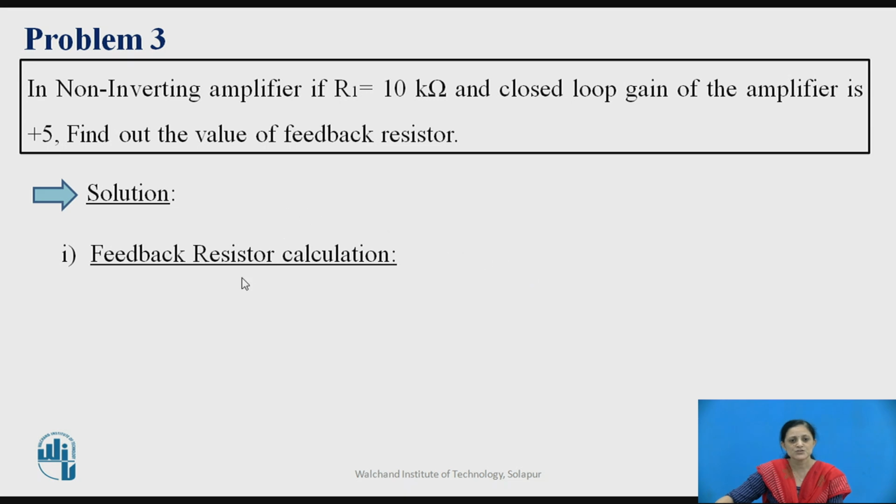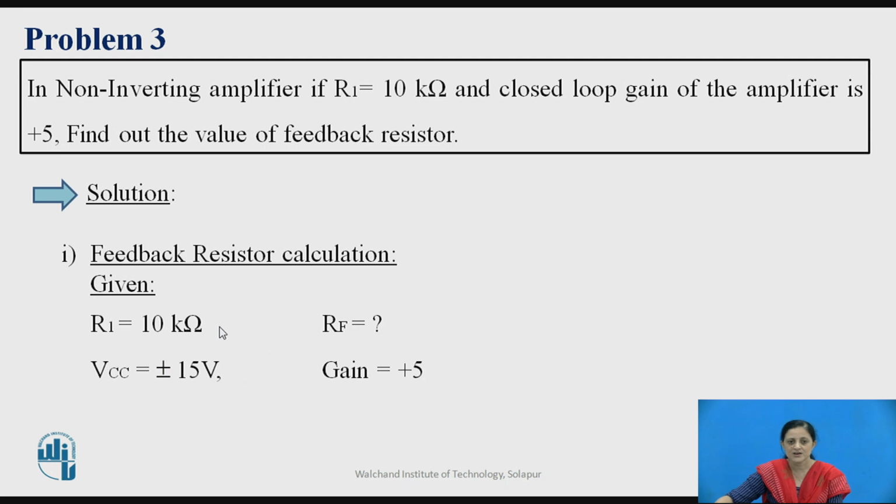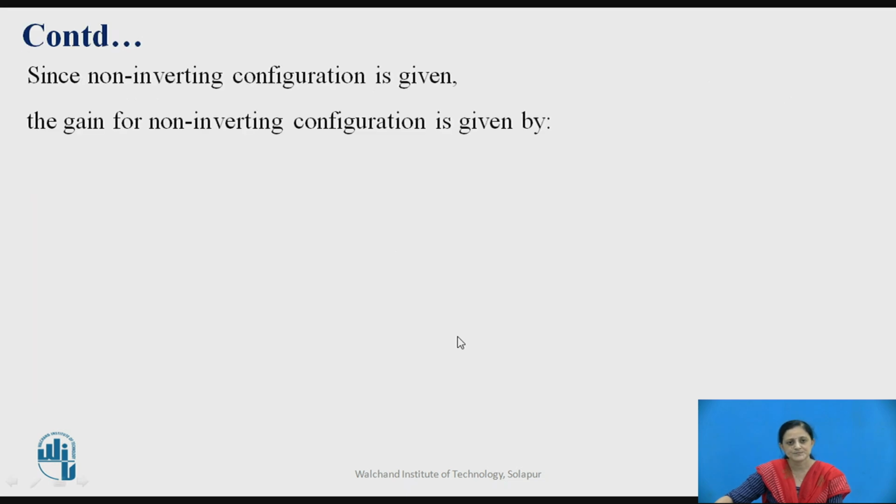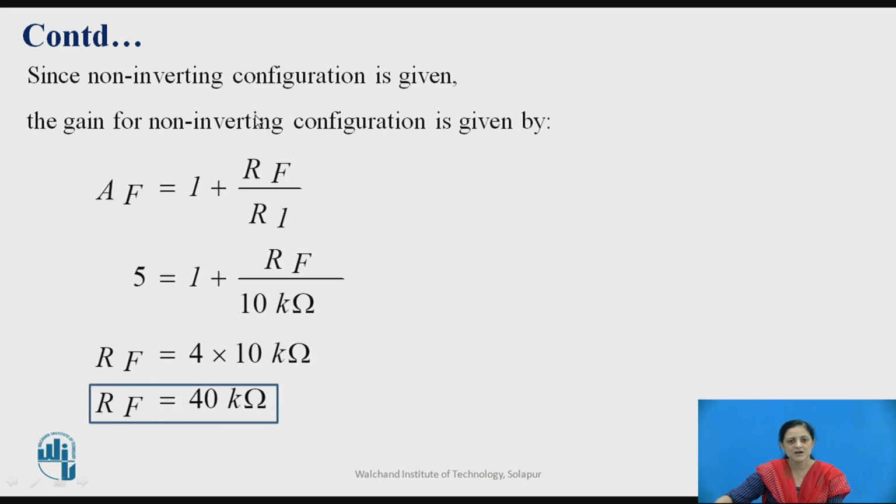So, here is the solution for the feedback resistor calculation. The values of R1 and VCC are given along with the gain value equal to plus 5, and you have to find out the value of RF. In this problem, the non-inverting configuration is mentioned and the gain of the non-inverting configuration is given by 1 plus RF by R1.